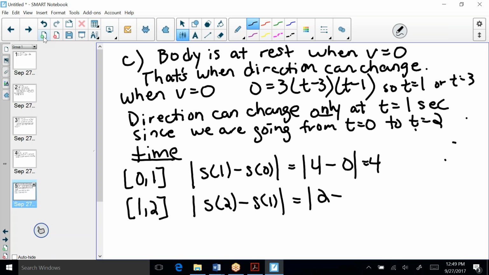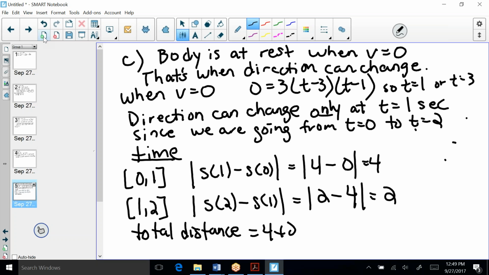So S of 1 is 4, we already did that one. And so the distance traveled, the absolute value of 2 minus 4 is going to be 2. So the total distance traveled is going to be 4 plus 2, or it's going to be 6 meters.